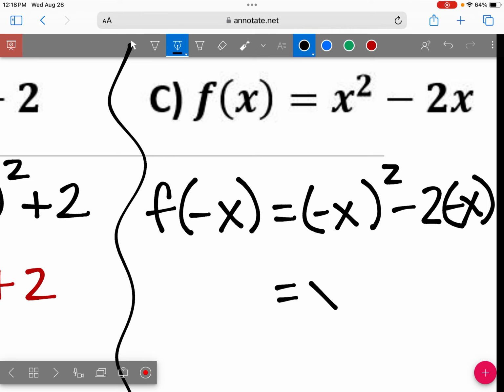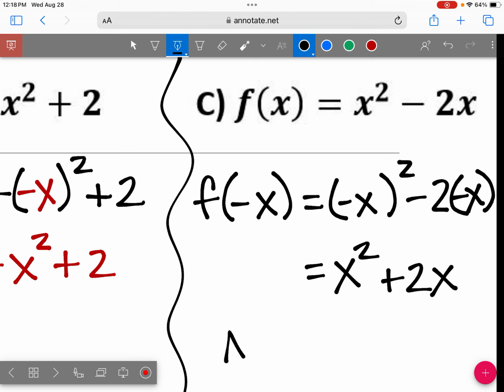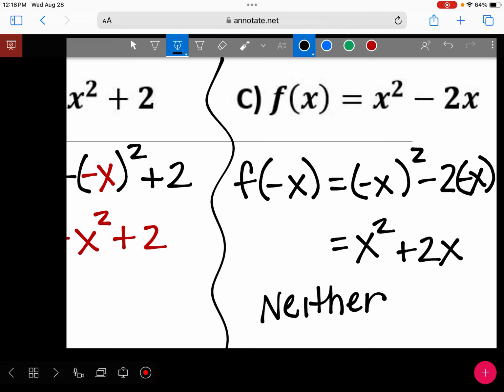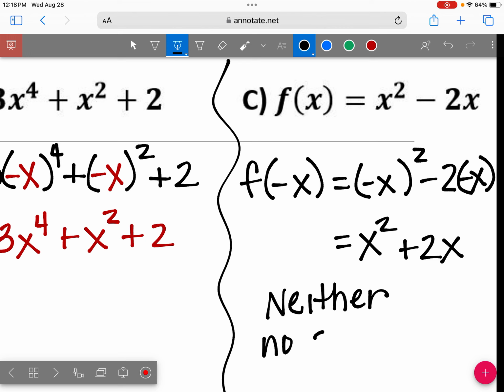That's going to make that first one stay positive, but it's going to switch that second term from a negative to a positive. So this will be a neither. This has no symmetry. This graph doesn't have symmetry with the y-axis or with the origin.